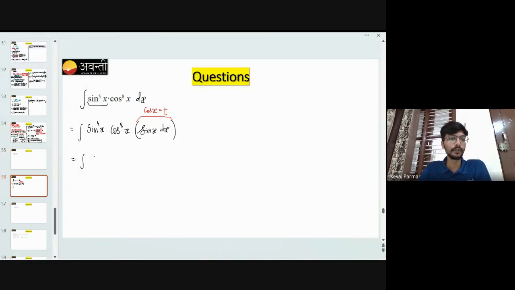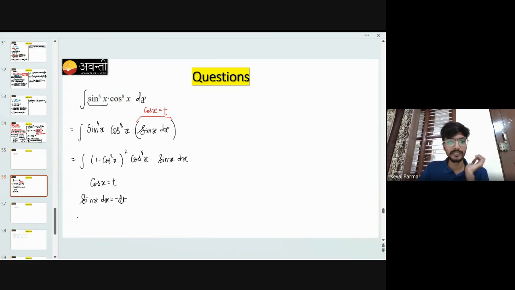Sine raised to 4 I can write as sine square the whole square, and sine square I can write as 1 minus cos square, into cos raised to 8x into sin x dx. Now I'll put cos x equals to t. That means sin x dx will be equal to minus dt. I adjusted the minus this side.